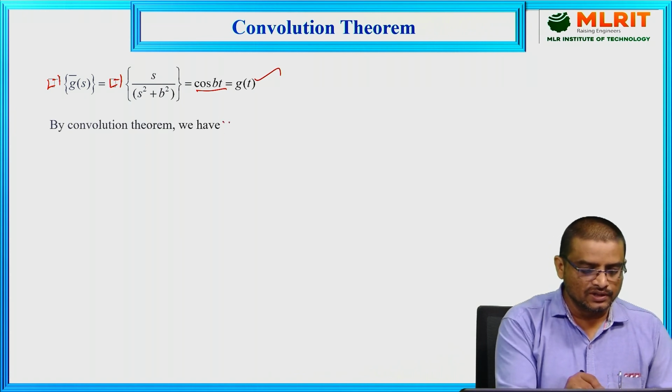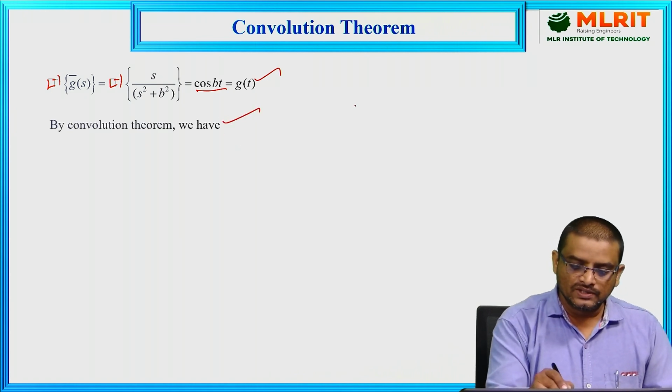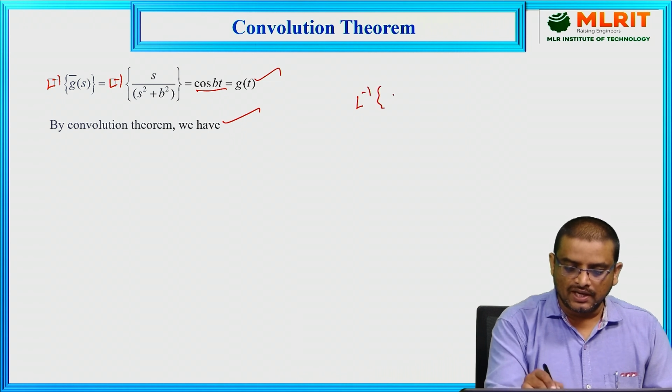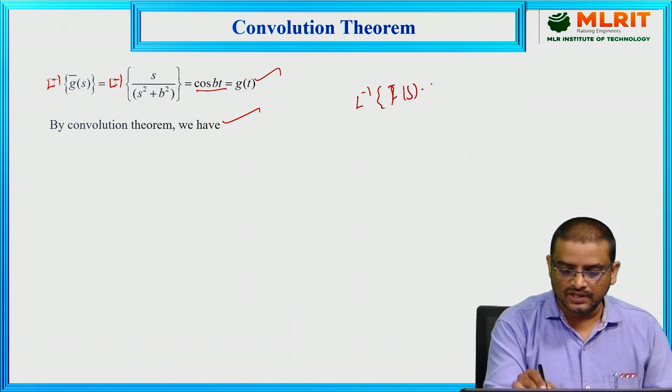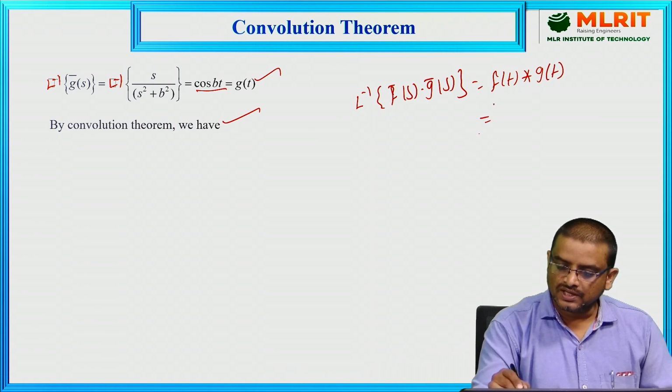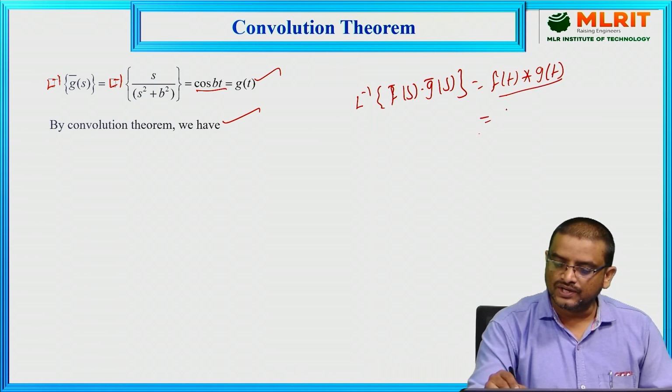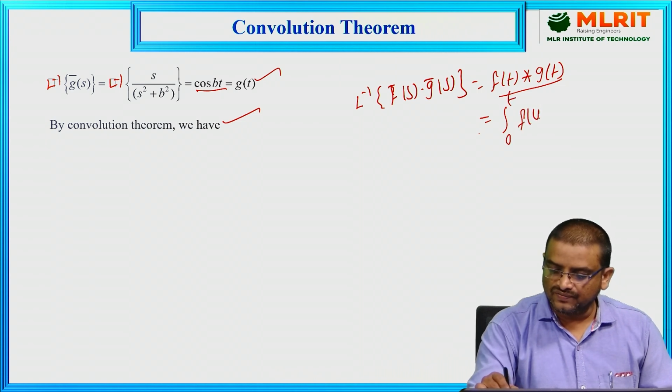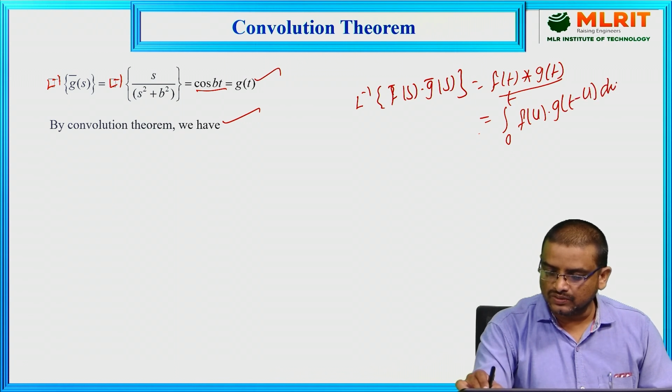So what is our convolution theorem? It says that L inverse of f bar of s into g bar of s is equal to f of t star g of t. By the definition of the convolution product, this is the integral from 0 to t of f of u into g of t minus u du.